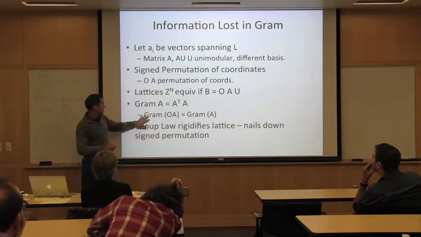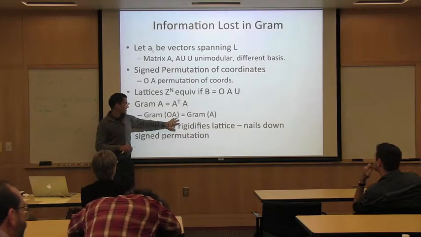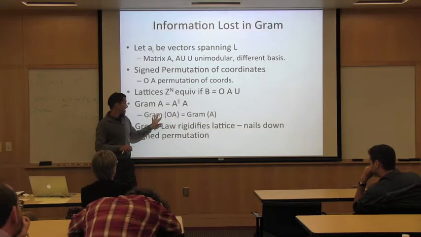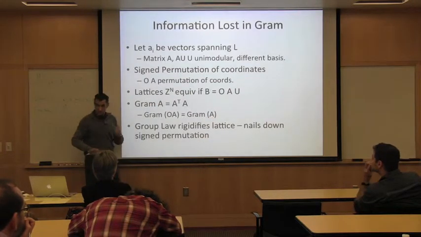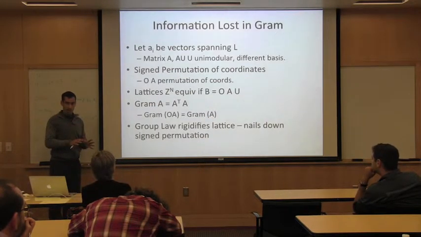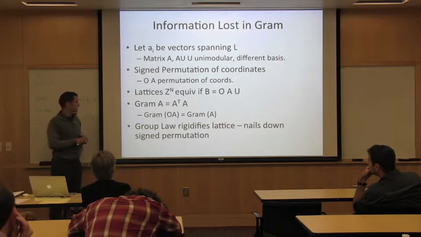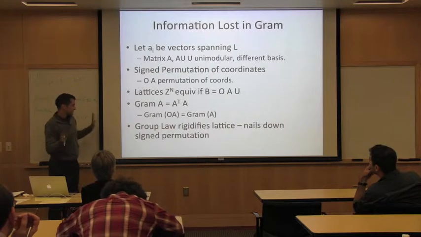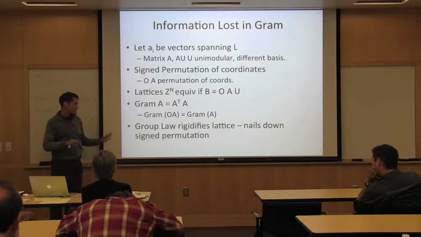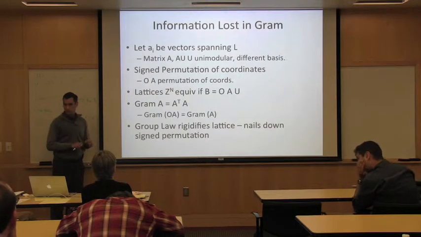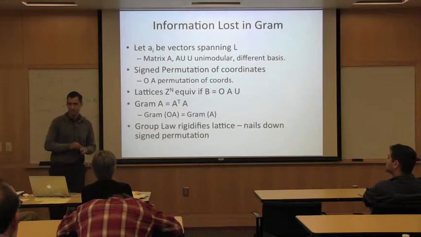If you put a signed permutation matrix in front of a basis, the Gram matrix of that is exactly the same as the Gram matrix of the original. So really, if you're just given the Gram matrix and nothing else, you've lost a lot of information. So I'm just hand-waving, saying the group law sort of rigidifies the lattice and nails down some of that ambiguity. That's supposed to be inspirational, but not a proof.